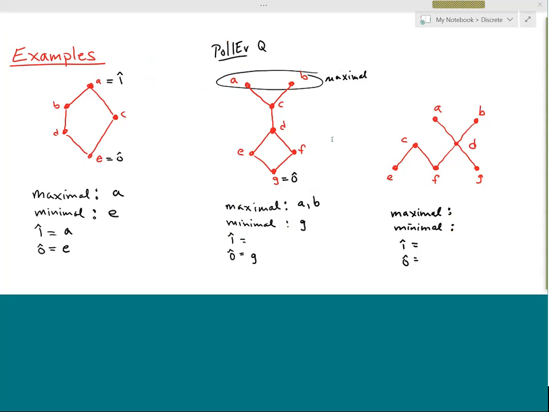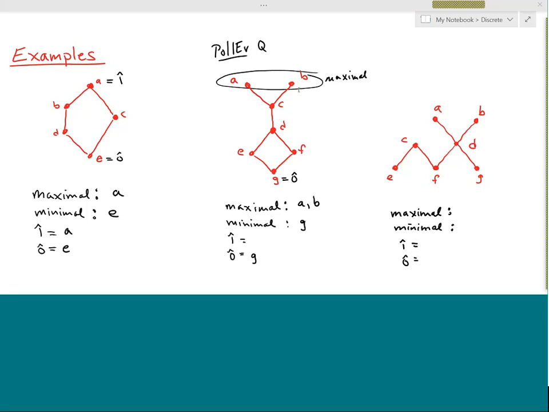So who are the only potentials for your greatest element? Well, the only potential candidates for a greatest element are elements that are already maximal elements. So the only options that we have is your greatest element could be A, it could be B, or it could not exist. Those are the only realistic options that we have here.